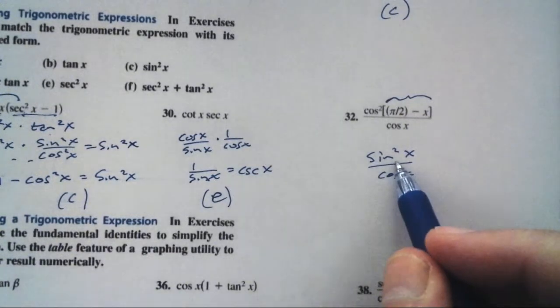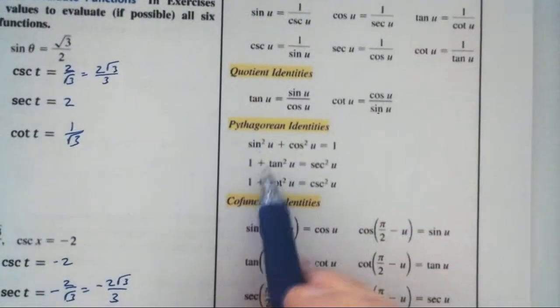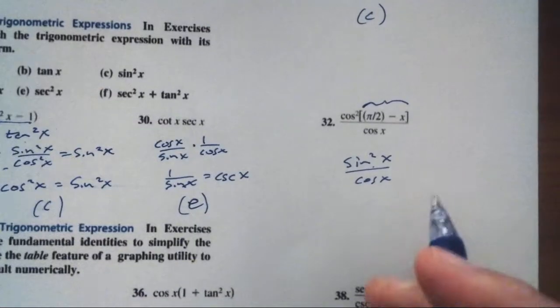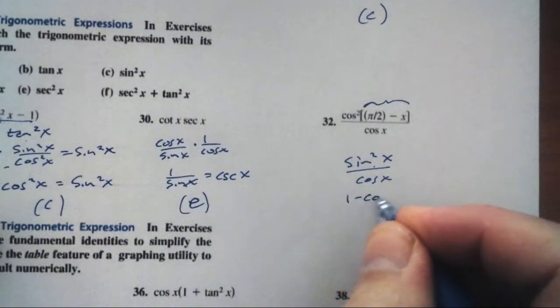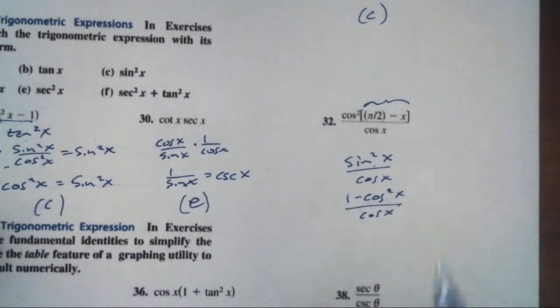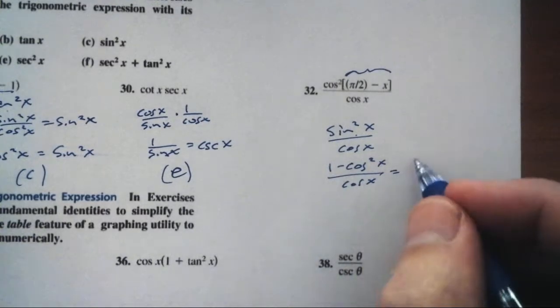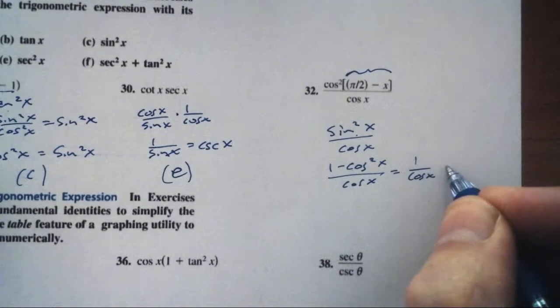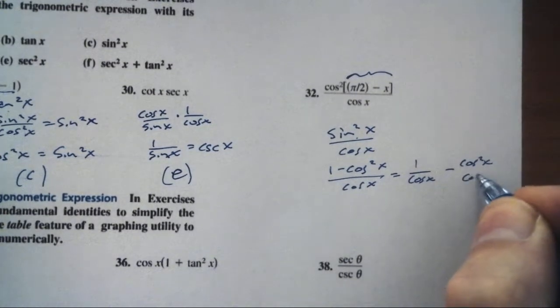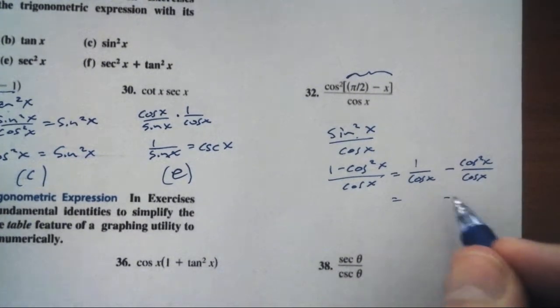So this sine squared is equal to 1 minus cosine squared. So this is 1 minus cosine squared of x on cosine of x, which could be written as 1 on cosine of x minus cosine squared of x on cosine of x. Well, that's nice.